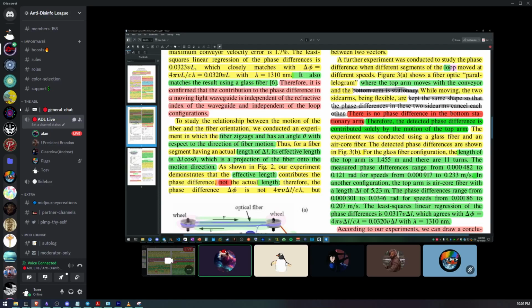The least squares linear regression for the phase difference is 0.0317 v delta L, which agrees with delta phi equals 4 pi v delta L over c lambda, equals 0.0320 v delta L, with lambda equaling 1310 nanometers.